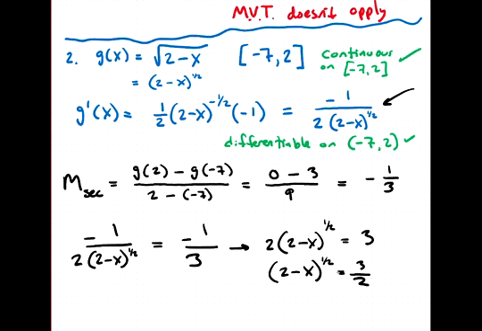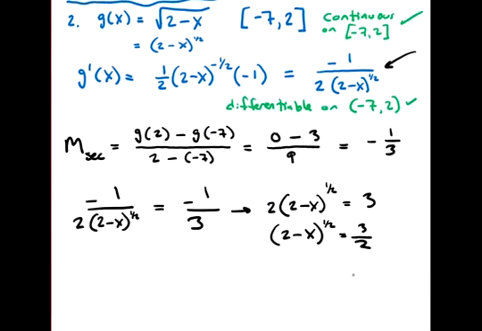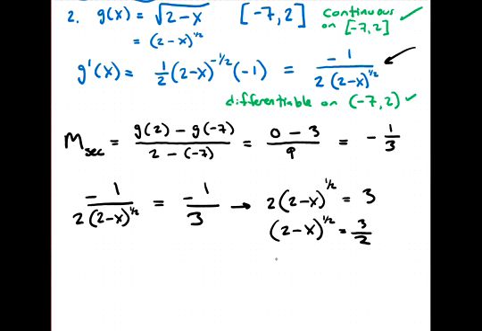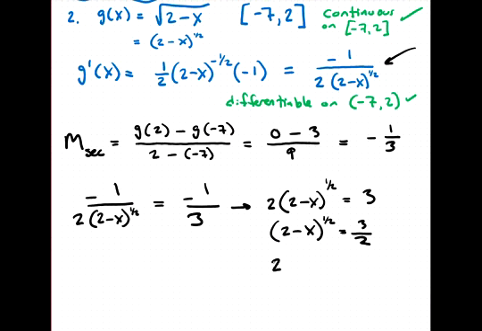All right, good. Square both sides of the equation. So we'll have 2 minus x is equal to 9 over 4. And then we could subtract 2 from both sides. So that'll give us negative x is equal to 1 over 4, or x is equal to negative 1/4.